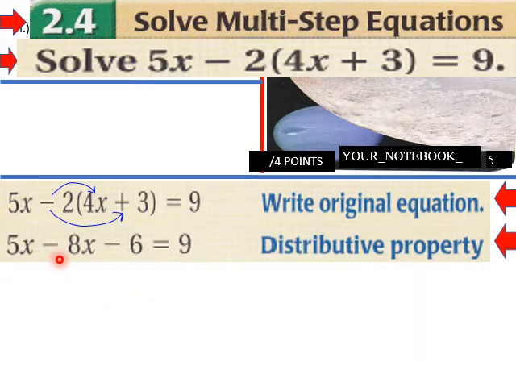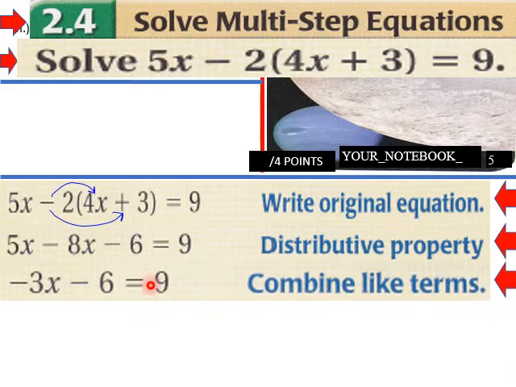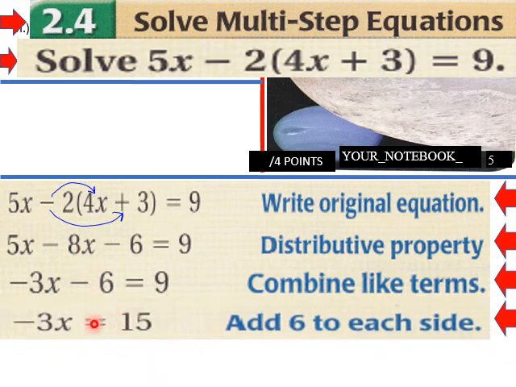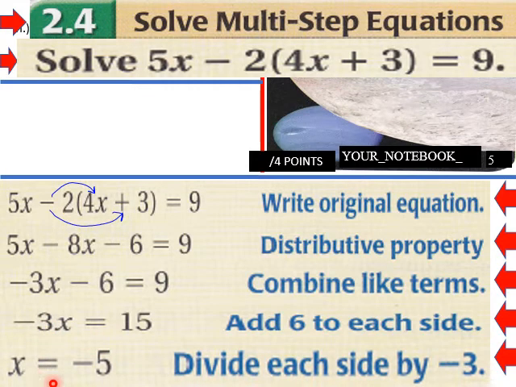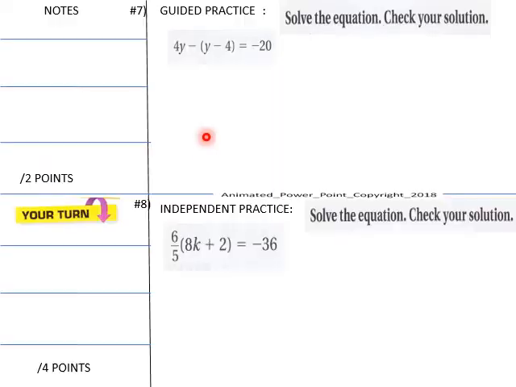That'll come out to 5x minus 8x minus 6 equals 9. Then we combine like terms, and 5x minus 8x is negative 3x, minus 6 equals 9. Then we move over our 6 to the other side by adding, and we have negative 3x equals 15. Then we divide through by negative 3, and we get x equals negative 5. That's how you do that.